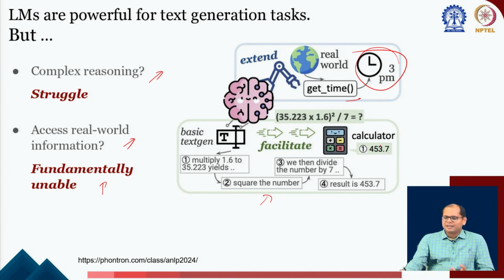So can I use a calculator? Now these are along the spirit of what we already saw in the last lecture, that rather than actually doing calculation, you output a computer program, and let a separate compiler and executor run that program and give you the final result. Similarly here, why only programs? You can use multiple other kinds of tools, right?